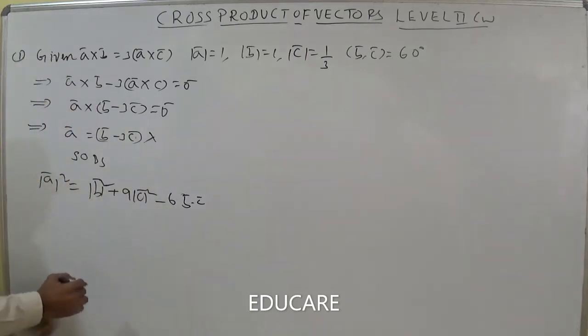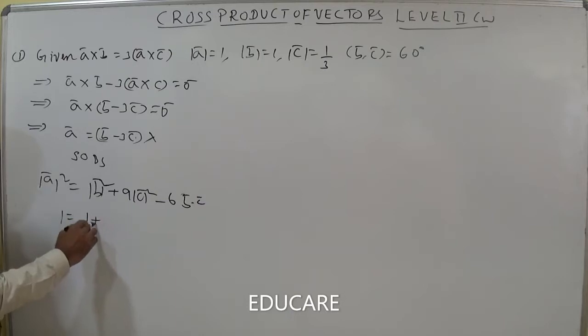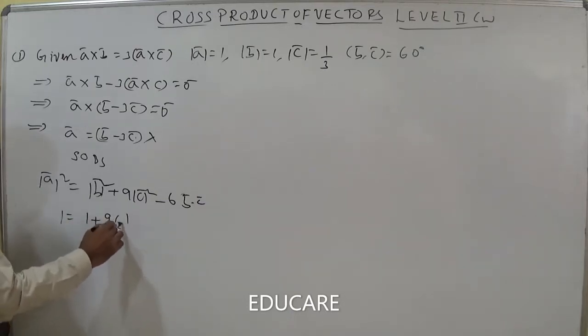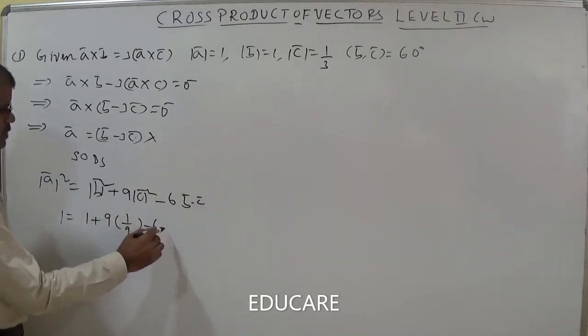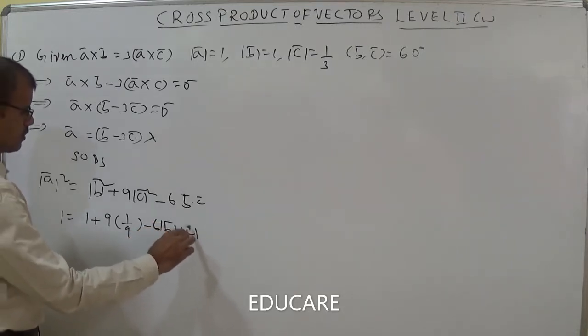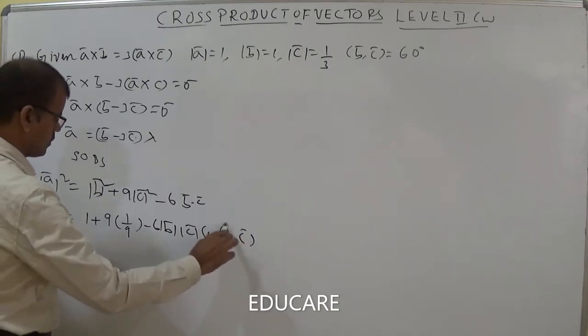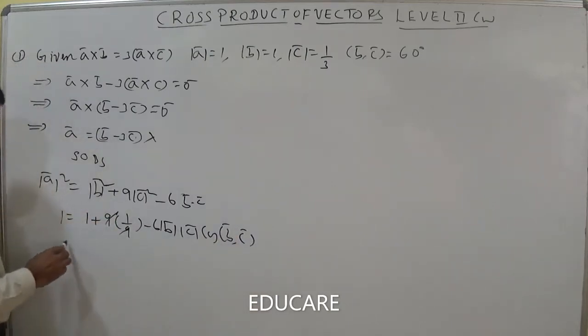So what is the value? Mod A is given as 1. So 1 is equal to 1 plus 9 into 1 by 9 minus 6 into, by the dot product definition, mod B into mod C into cos of B comma C. So 9 and 9 get cancelled, 1 and 1 also get cancelled.